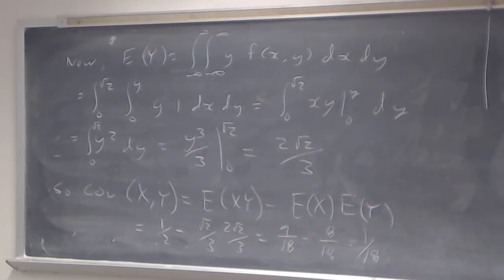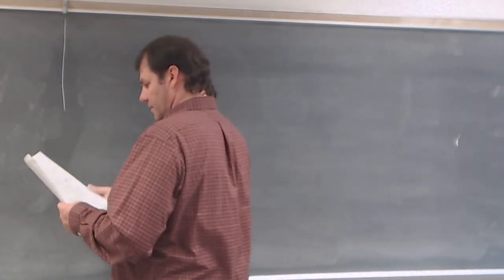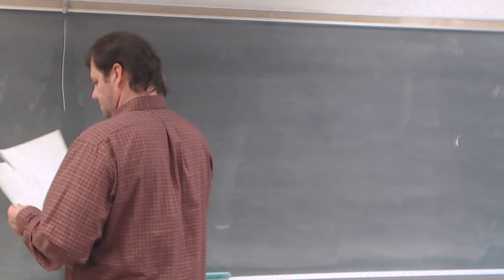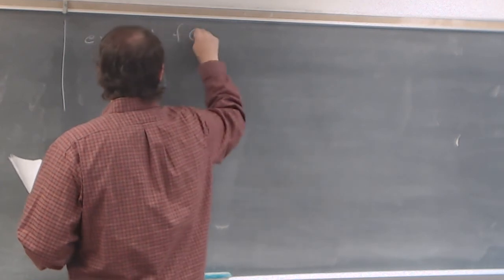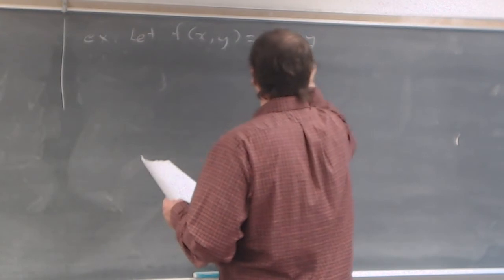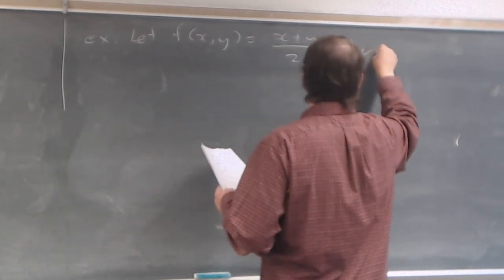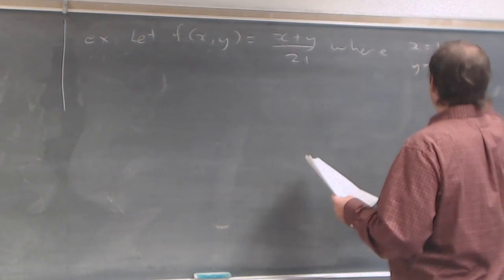Let's look at another example. Here, we're going to let f of x comma y be equal to x plus y over 21, where x is equal to 1 or 2, and y is equal to 1, 2, or 3.